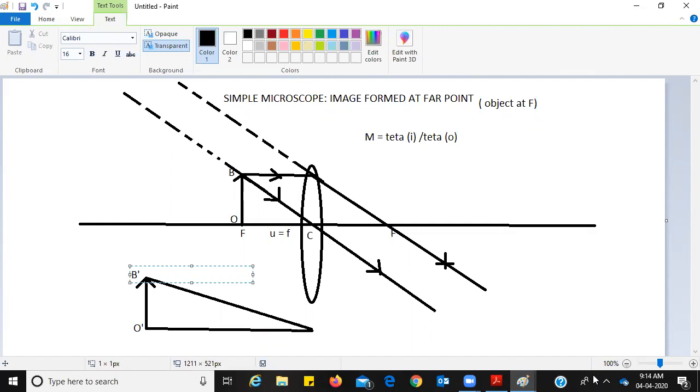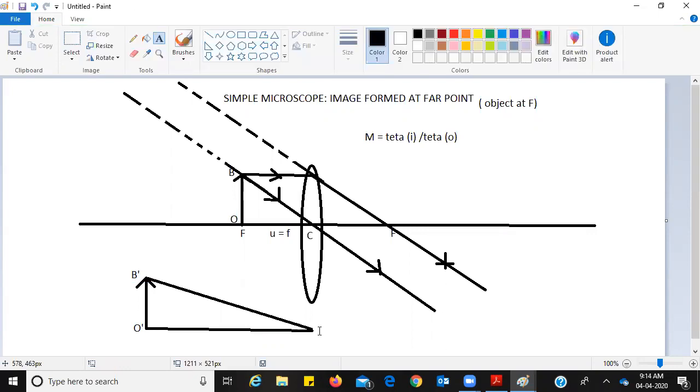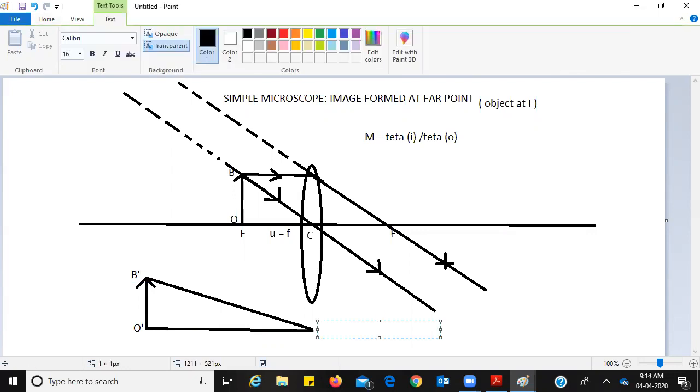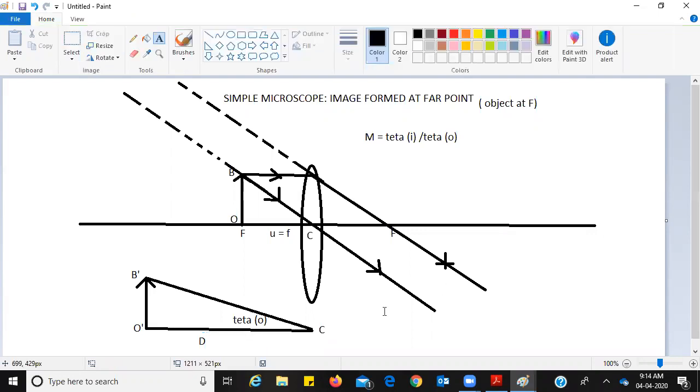This point is still the same as C, and this angle is known as theta O. What is the C to O dash distance? 25 centimeters, or we write it as the symbol capital D.